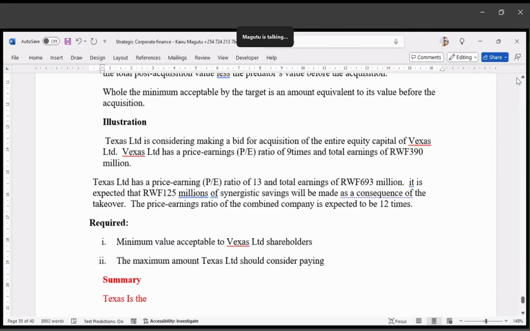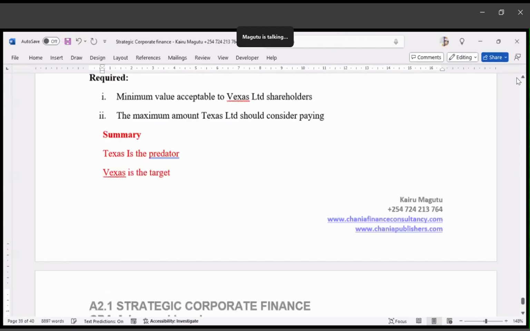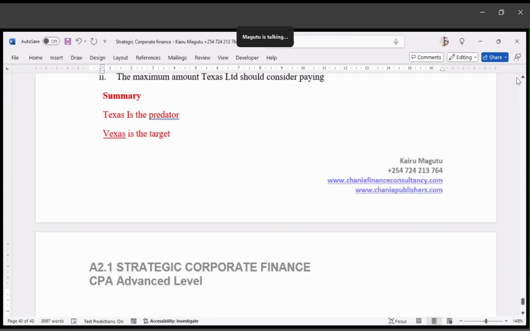Texas is the predator. Vexas is the target.